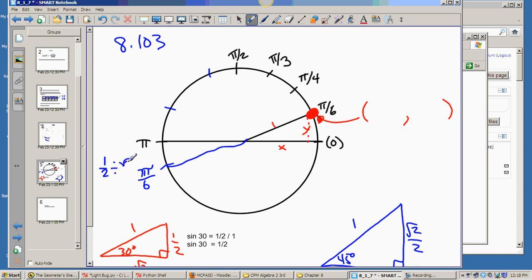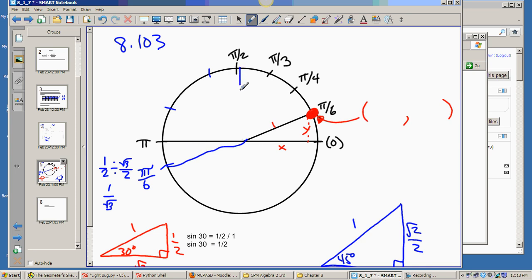But the thing that you're going to have to be aware of now is the sign, positive or negative. So we just figured out that that equals 1 over the square root of 3. And now I'm thinking about the sign. Is tangent going to be positive or negative in this quadrant?